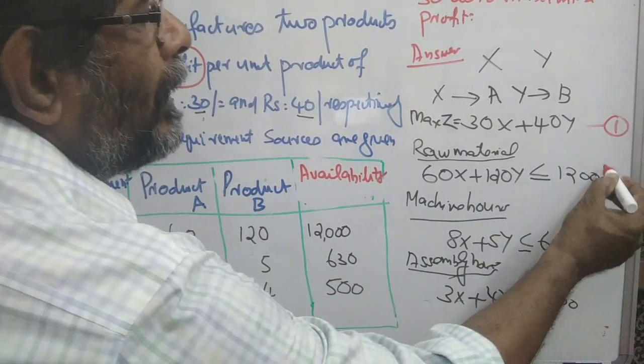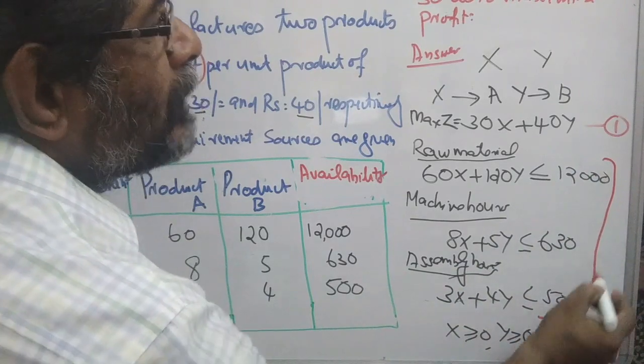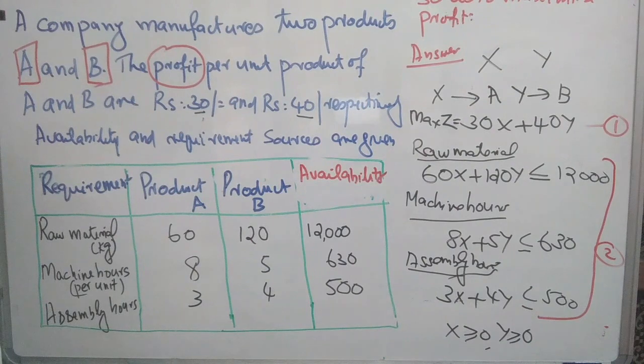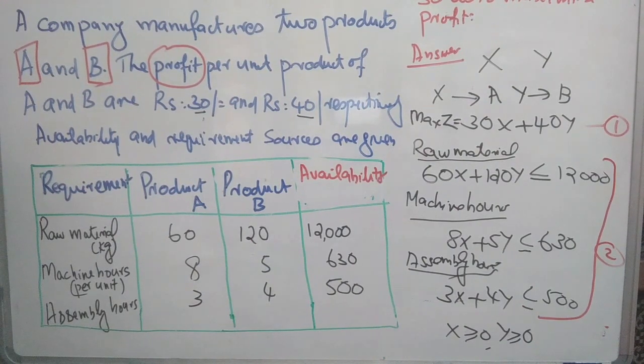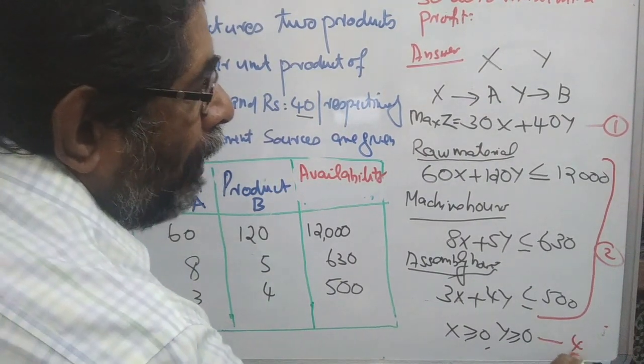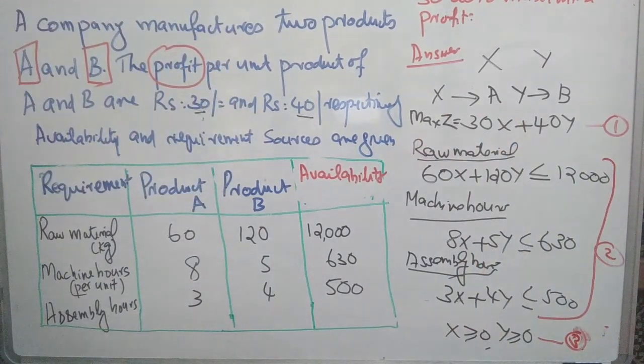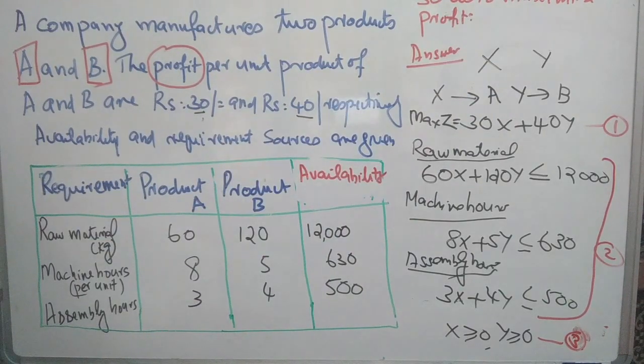The first component and these three constitute the linear constraints, availability and requirement conditions, and this is the non-negativity condition, the 3 components. And the first one is the definition of the decision variables.